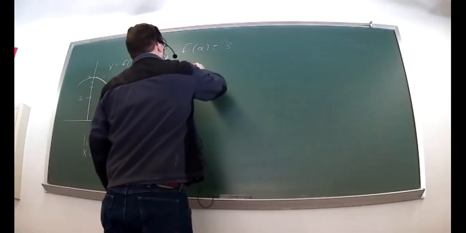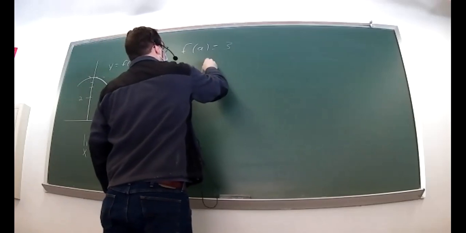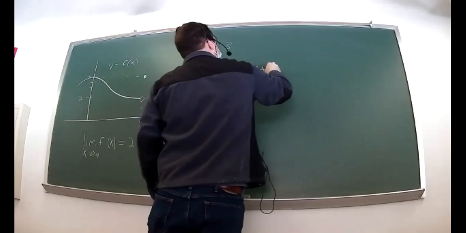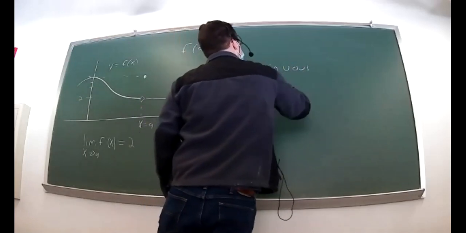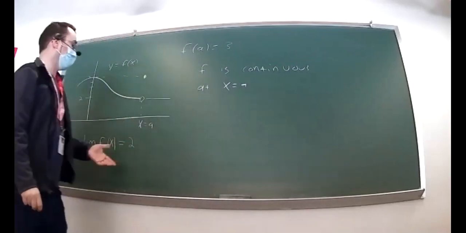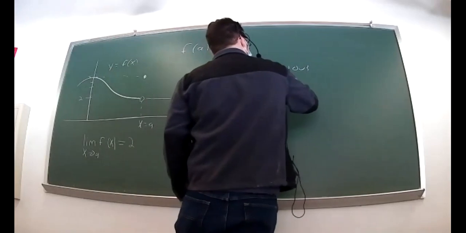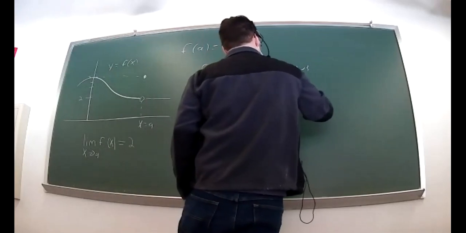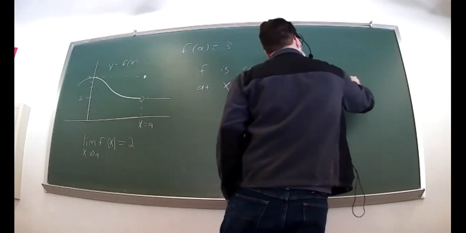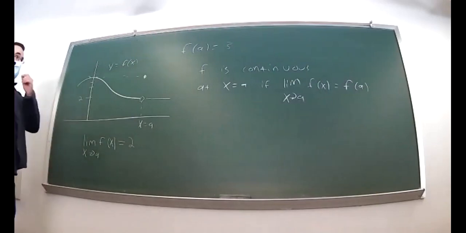And let me actually write down the definition of continuity. A function f is continuous at a point a if the limit as x goes to a of f of x is actually equal to f of a.